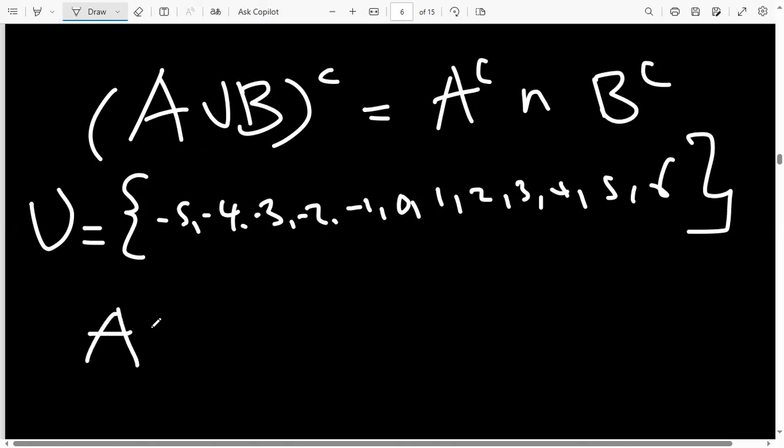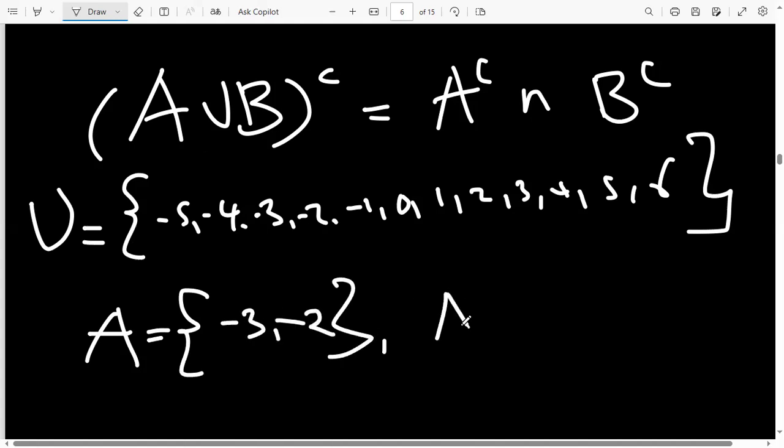If this is my universal set, and let's say I had a set A where I had -5, -3, and -2, and you are told to find the A complement, the A complement will be all those elements that are in the universal set but are not in this set A. Meaning 5, 4, 1, all these elements will be in A complement. So elements that are not in that set, but are in the universal set, that's what we mean by the complement of a set.